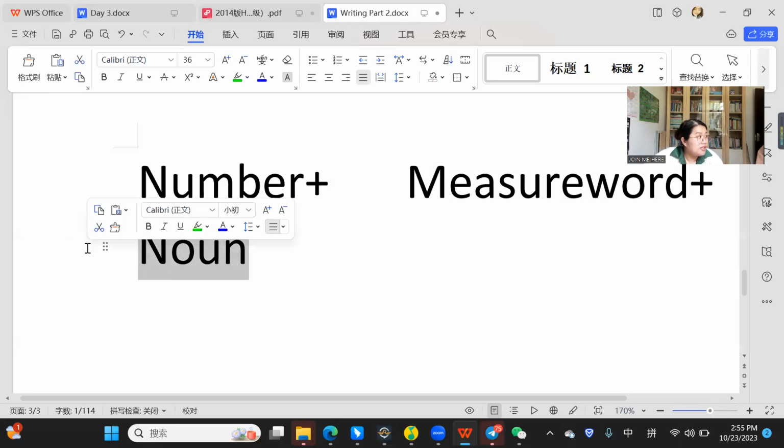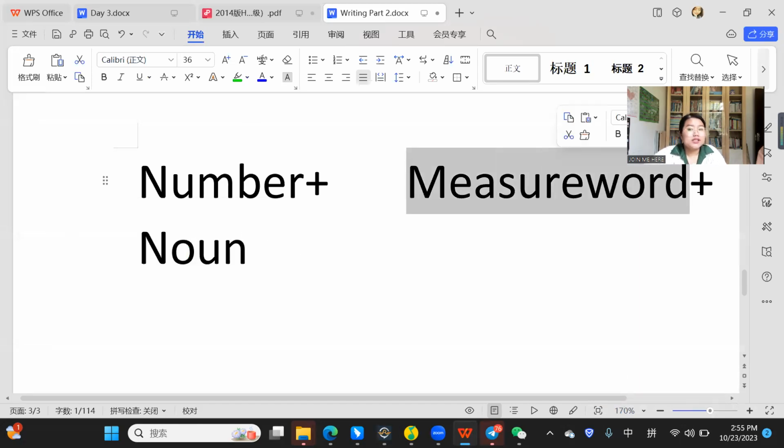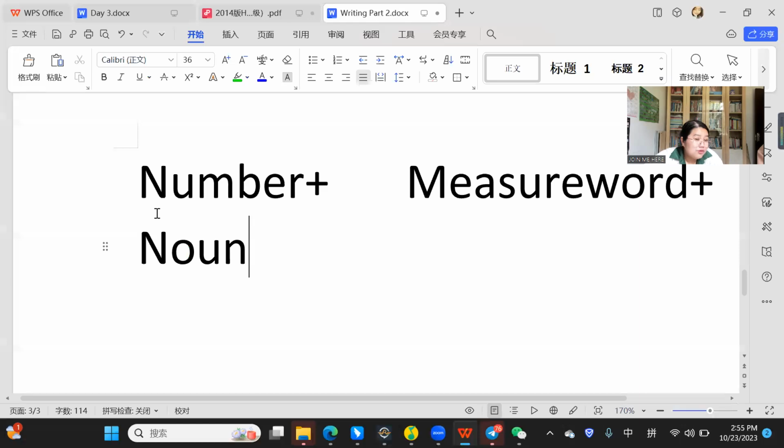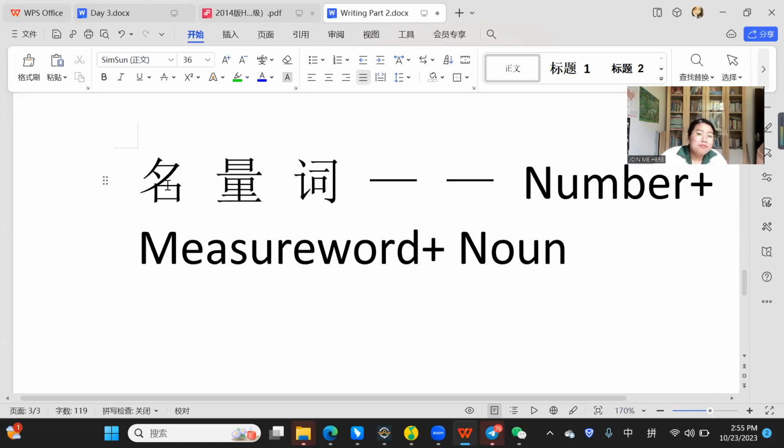For example, 一个人, 一张报纸, 一杯水, something like that. So this measure word is used for a noun. So you have to use this pattern number plus measure word plus noun, and this is called 名量词 because 量词 means measure word. This measure word is working for a noun.